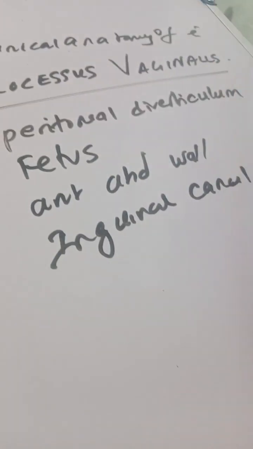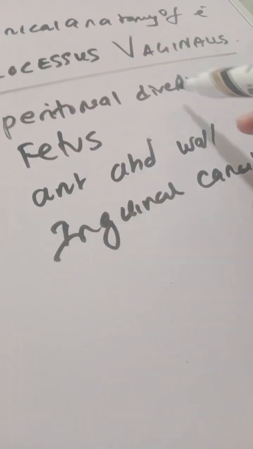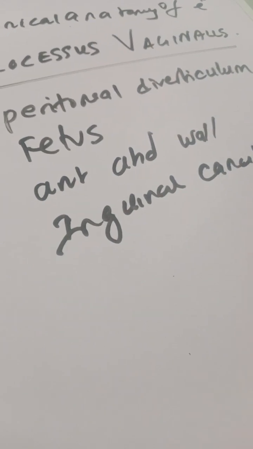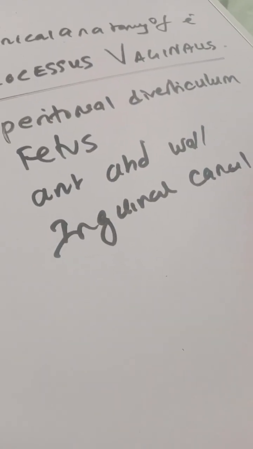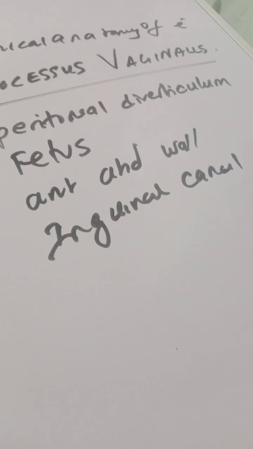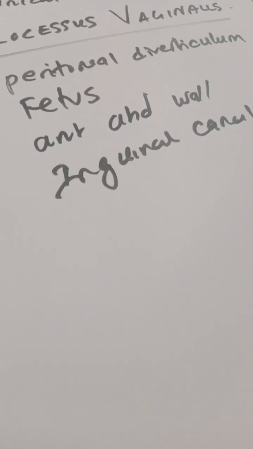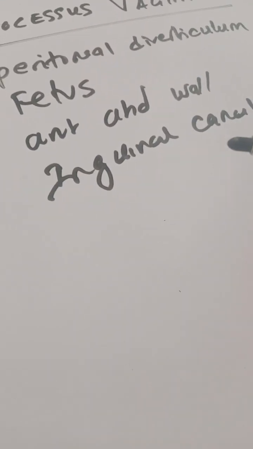This is a very basic definition. It is an outpouching of the peritoneum, or a peritoneal diverticulum, which forms during the fetal period. It passes through the anterior abdominal wall and into the inguinal canal, and it forms the inguinal canal.